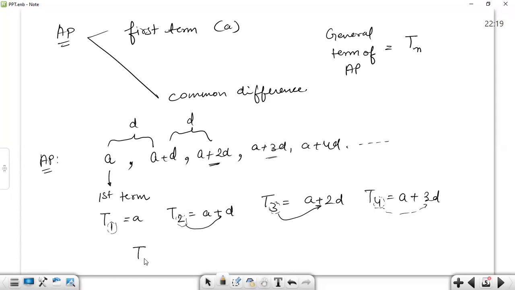So from this we can conclude that if there is an nth term, then how can we write it? A will get added to n minus 1 into the common difference. So this should be the nth term.